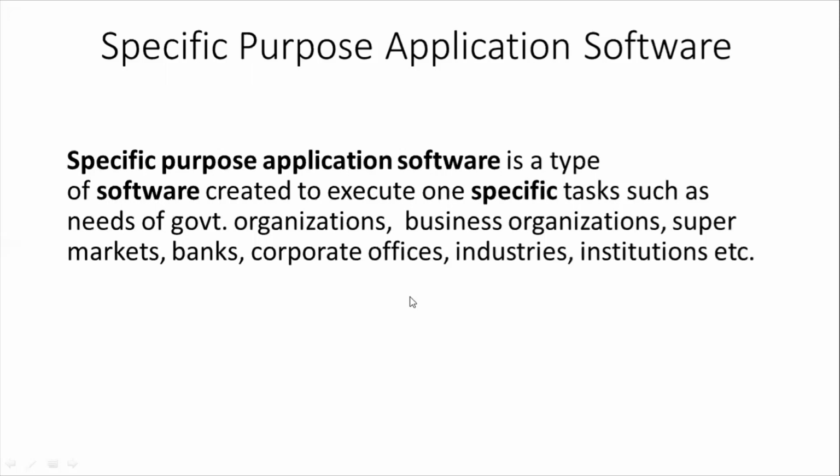It is a type of software created to execute one specific task, such as needs of government organizations, business organizations, supermarkets, banks, corporate offices, industries, institutions, etc. So for any need of such places, these specific purpose application software are created to execute the specific task for these organizations.